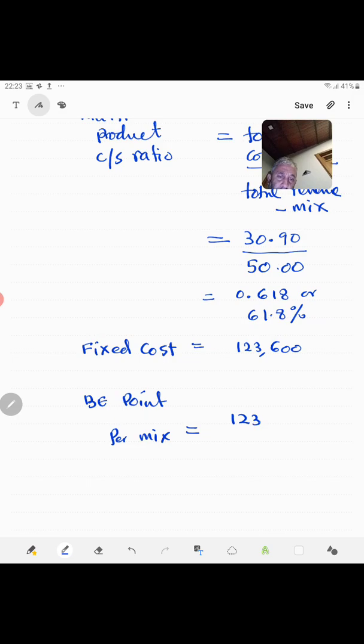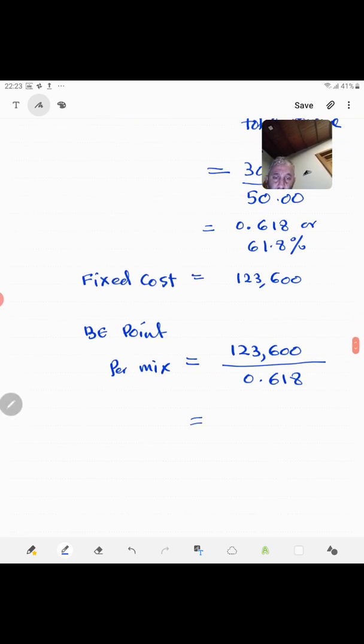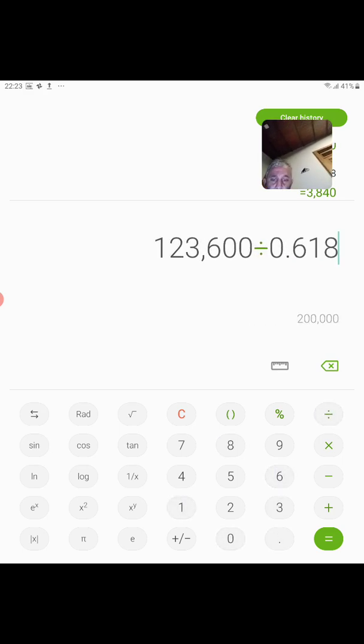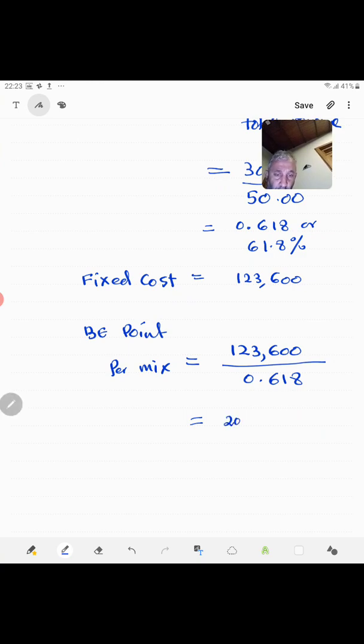That is 123,600 divided by 0.618. We are getting a total revenue of $200,000 as the break-even revenue.